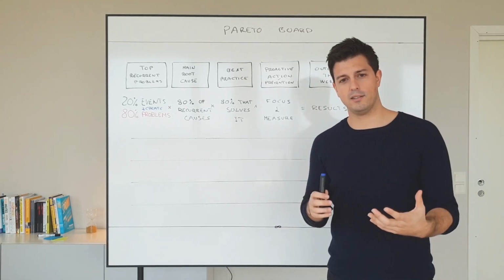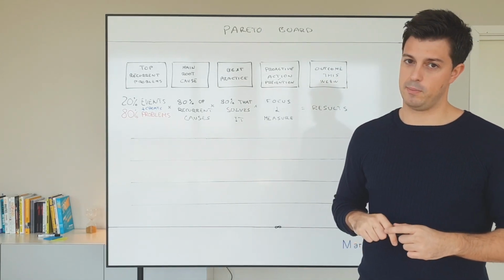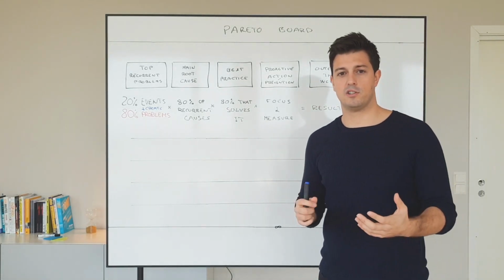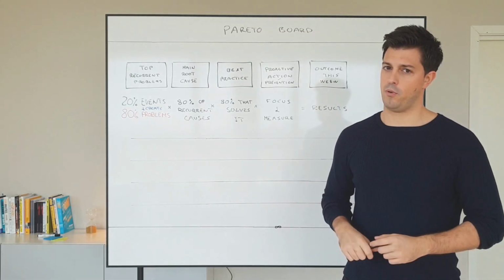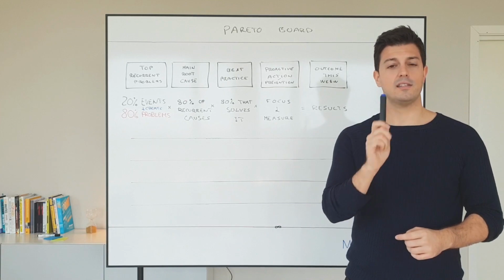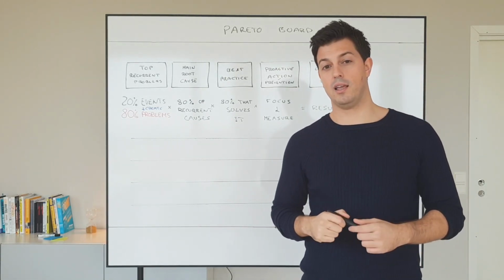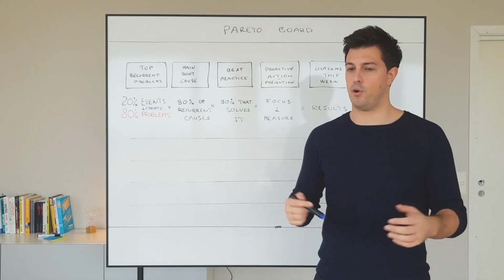How I have created the Pareto board is a way of creating a flow of problem solving for teams. Let's say your team is struggling a lot with many different types of problems, but there is a list of top 5 problems that will continuously and recurrently appear in your workflow.